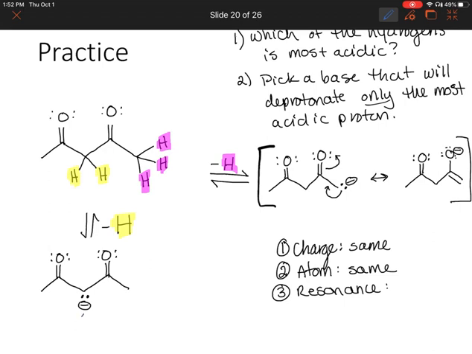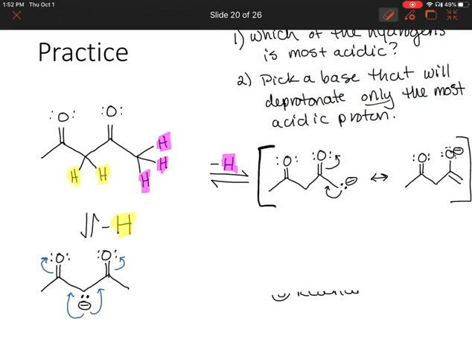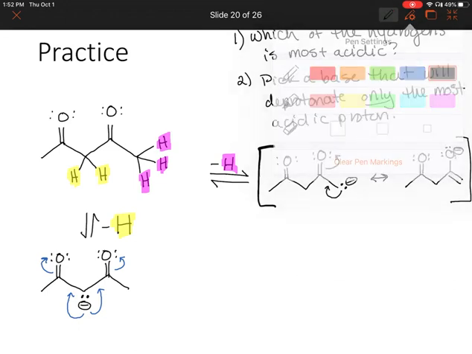So we could move the electrons over to the left or to the right, and either way we move pi electrons up to one of the oxygens. So this structure should have three total resonance structures. I'm going to erase this chart so I can make some room.